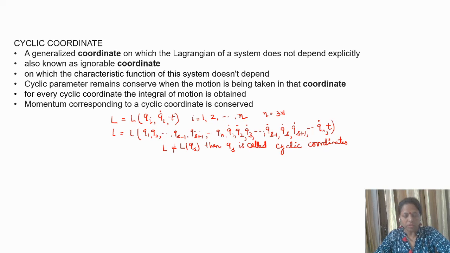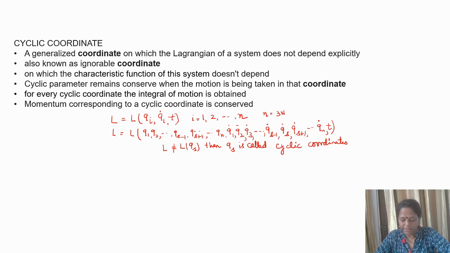As you see on the screen, first of all, cyclic coordinates are the coordinates which are absent from the Lagrangian. These are also known as ignorable coordinates. The second thing is that the characteristic functions which describe your system do not depend upon this cyclic coordinate.